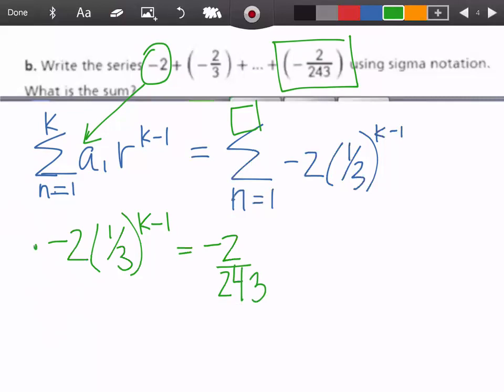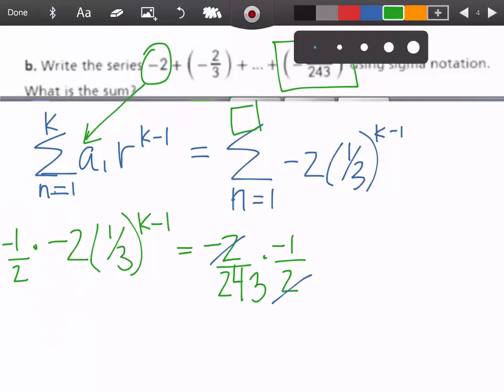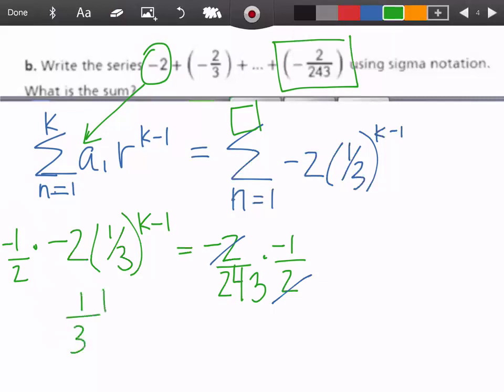We can get rid of this -2 by multiplying by -1/2. Doing that, we can cancel out these 2's. A negative times a negative is positive. So we get 1/3 raised to the power of k minus 1 is equal to 1 over 243.